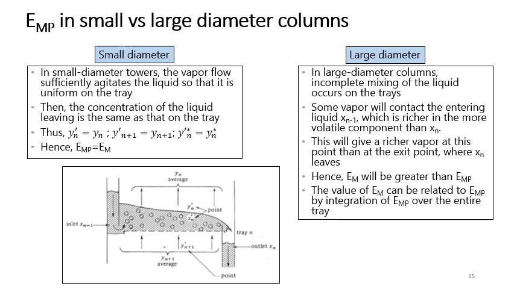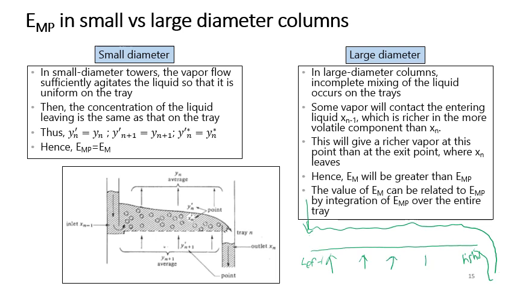But for a larger diameter column, incomplete mixing of the liquid can occur, because you have a longer length from the left to right of the column. Let's say the entering liquid enters at this point and then leaves at this point, and the vapor comes up across from the bottom of the plate.